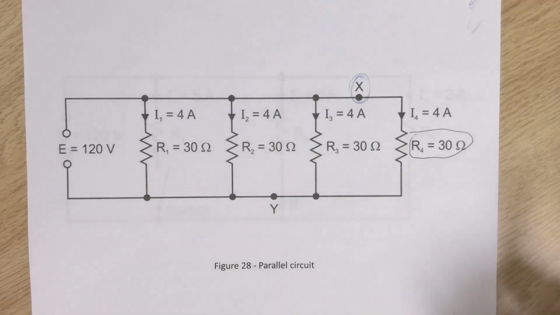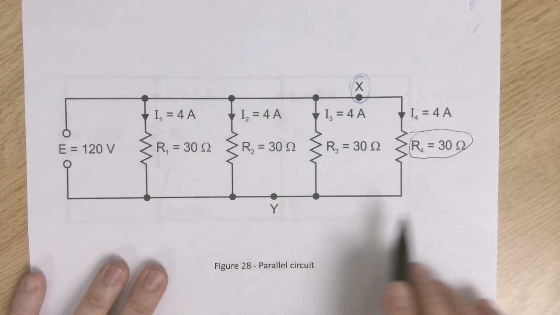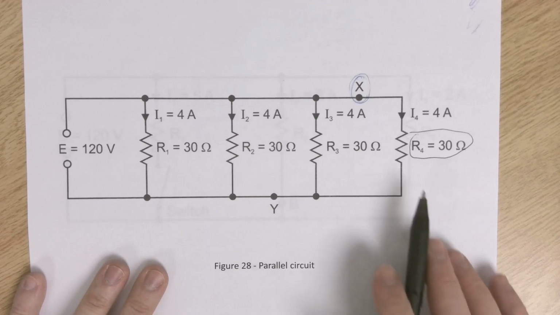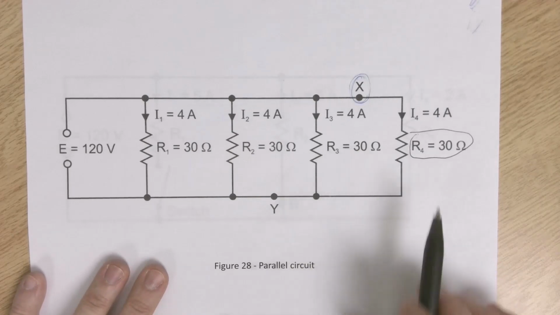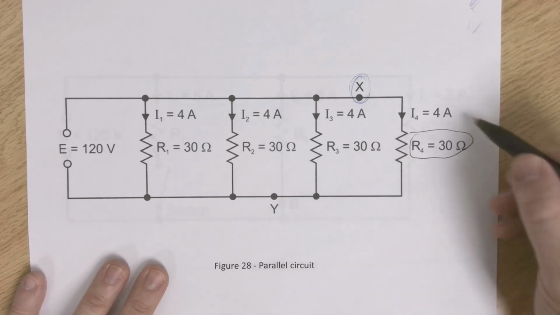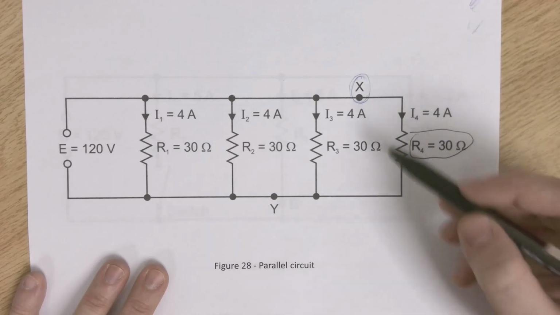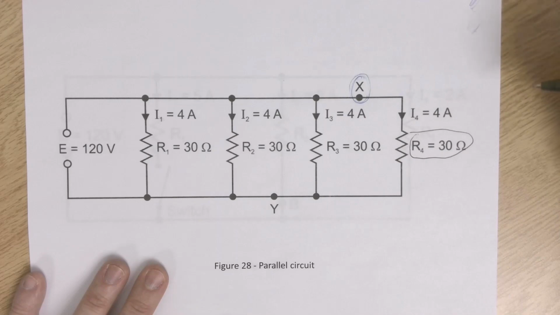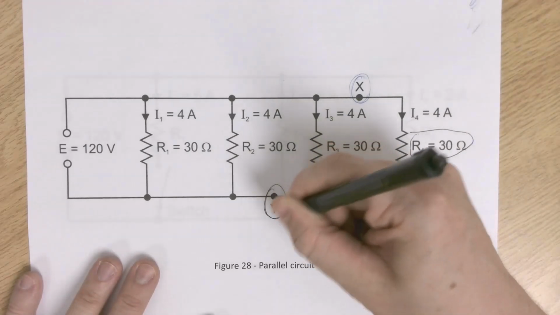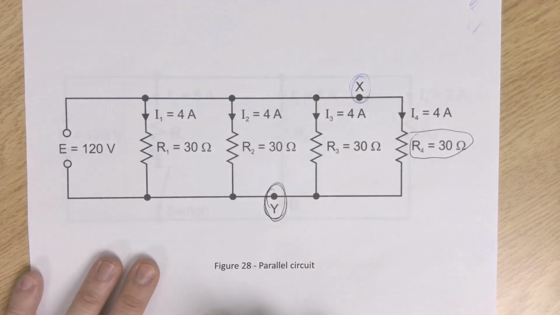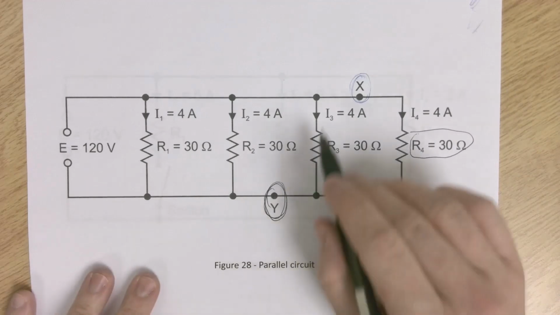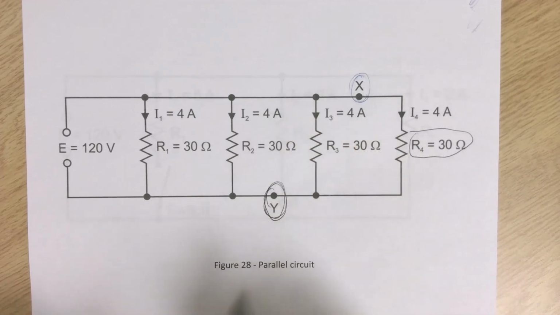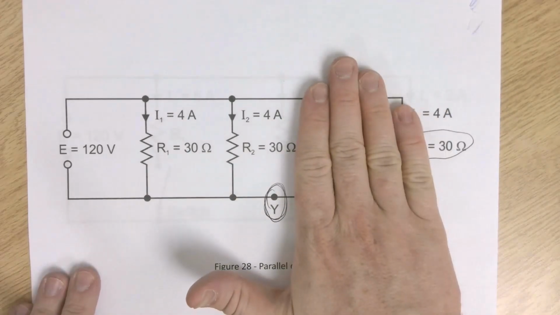And if adding more resistors in parallel makes the R total go down, because we're talking about parallel circuits, losing a resistor in a parallel circuit will make total resistance go up. But if the open circuit happened at Y, even though it's after where the current comes in, we would still lose both of these branches.